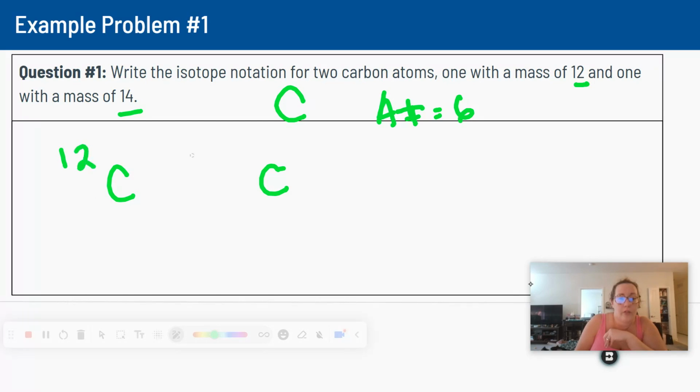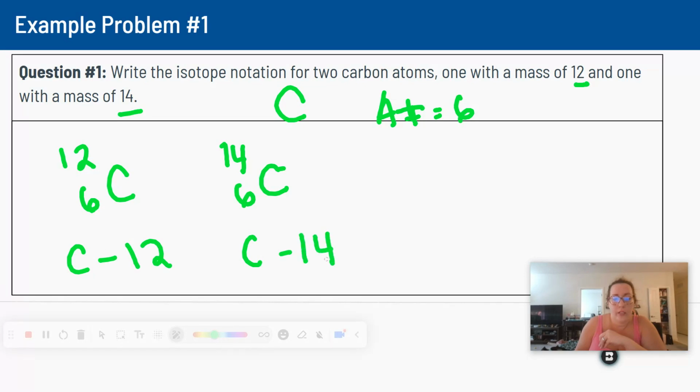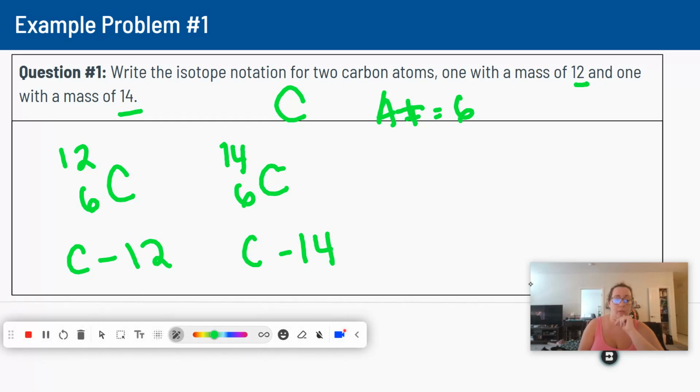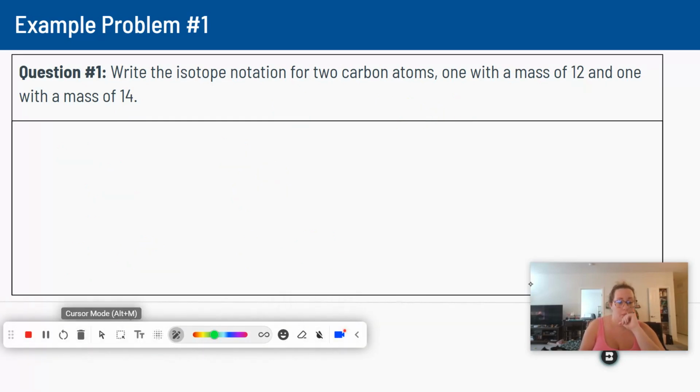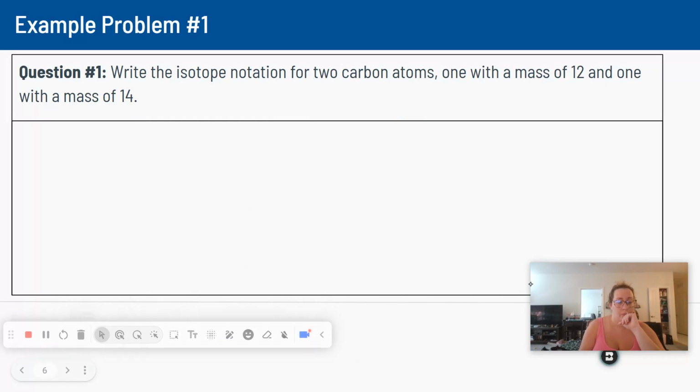So I'll do 12 first and then 14 on the other one. And then your atomic number on the bottom. So this is one answer that you could have, or you could write it like carbon dash 12 or carbon dash 14. So either of those are acceptable answers for writing the isotopes of carbon.